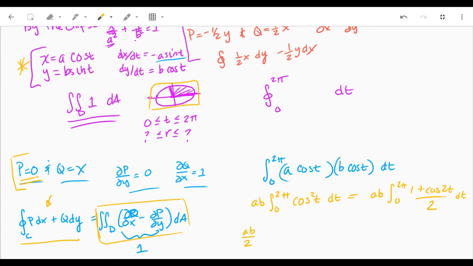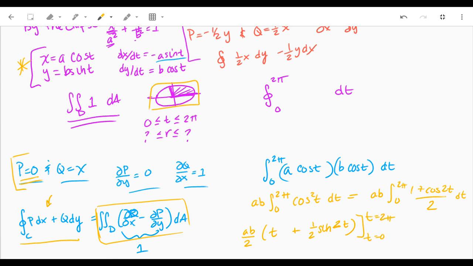And then the integral of 1 would be t, and the integral of cosine of 2t would be 1/2 sine 2t, I'm sorry. Then we will evaluate that from t equals 0 to t equals 2 pi.